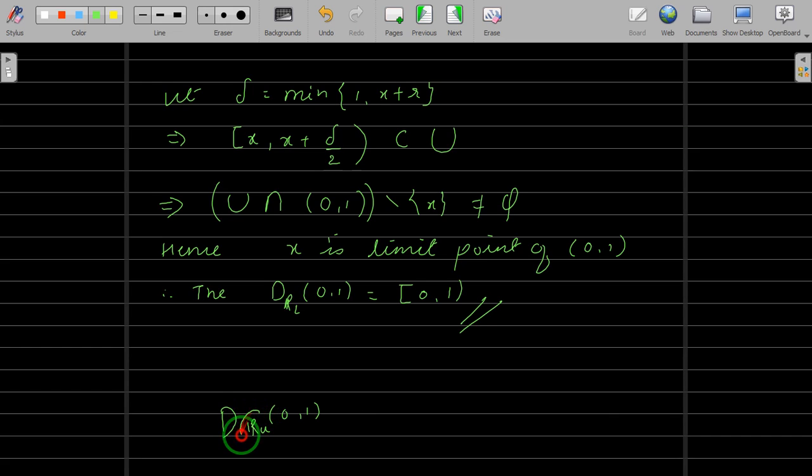Okay, so the topology in which you are working also plays a crucial role in finding the derived set, because we are dealing with open sets and closed sets, and that comes from the definition of topology. Okay, so I hope the example is clear, the definition is clear. So stay tuned for the next video.